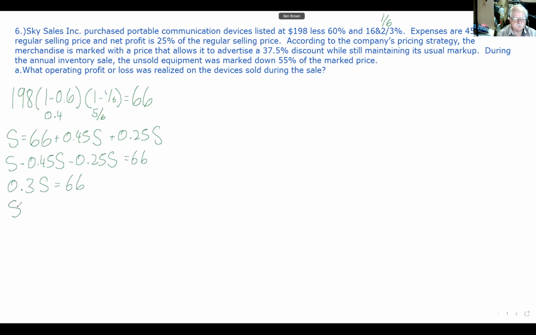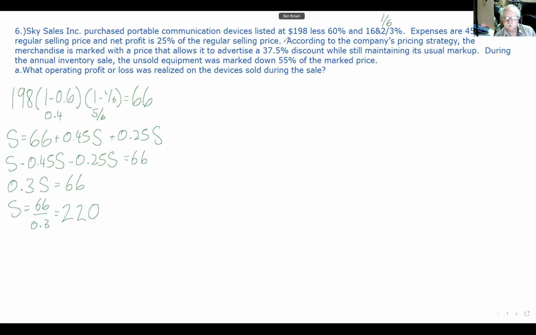So we can figure out S must equal 66 divided by 0.3, $220. So they're going to sell these communication devices for $220.